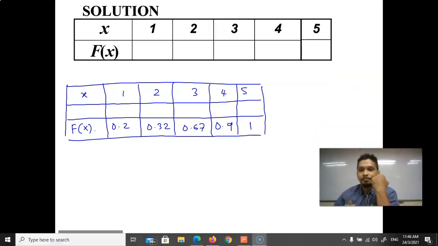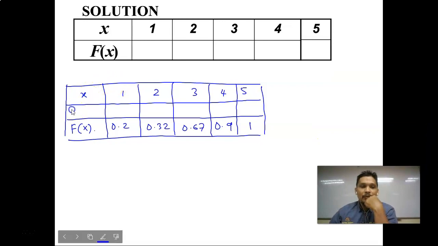Okay, so we are going to find the probability of x equal to an x.